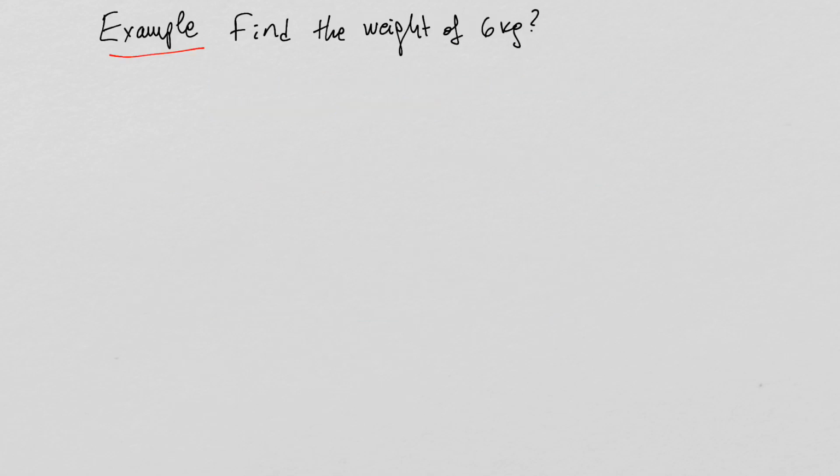Let's do a few example calculations with the definition of weight to illustrate the procedure of how we calculate using that formula. The first example asks us to find the weight of 6 kilograms. Since the mass here is given in metric units, that implies that I will have to use the value for the gravitational acceleration in the metric system.